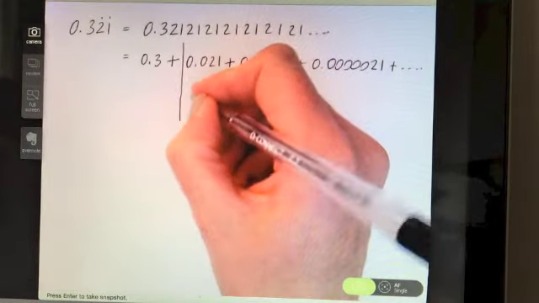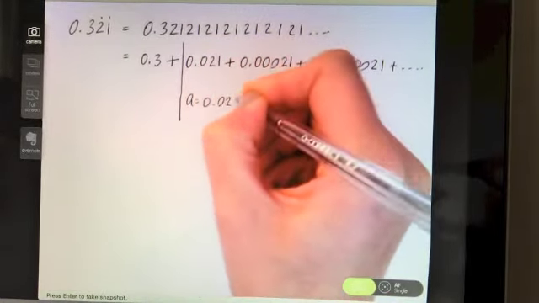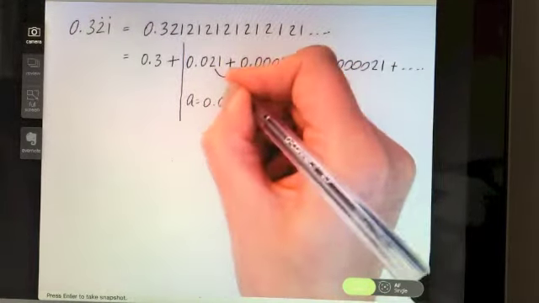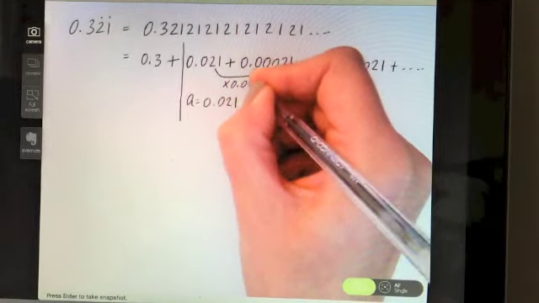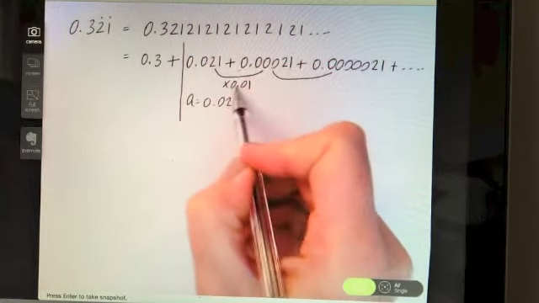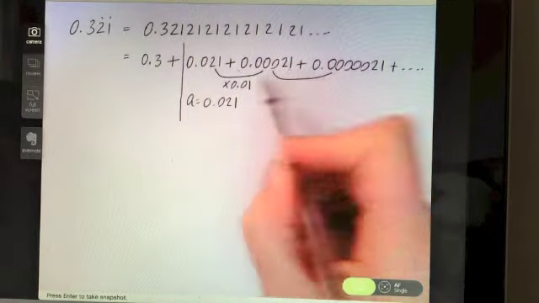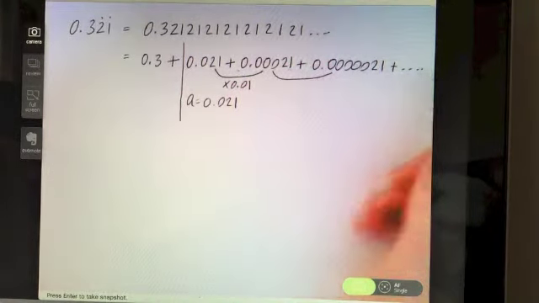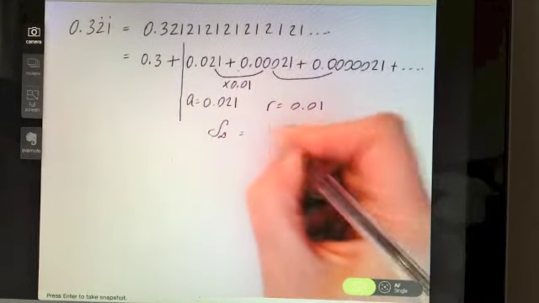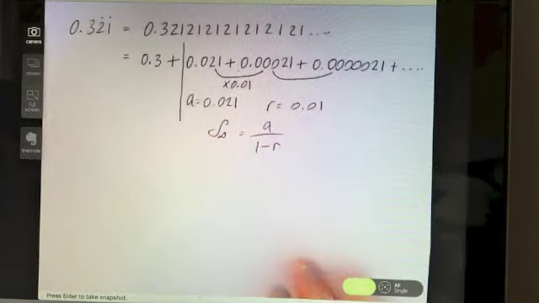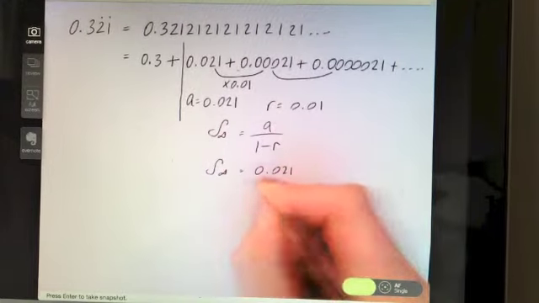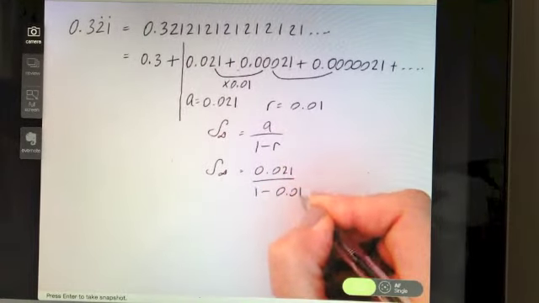So a is 0.021, and then the common ratio, what's happening from here to here and here to here, is we're multiplying by 0.01 again. In other words, this divided by this gives you 0.01. So 0.01 is the multiplier each time, and that is the common ratio. The sum to infinity, of course, is a over 1 minus r. So a is 0.021 over 1 minus 0.01.